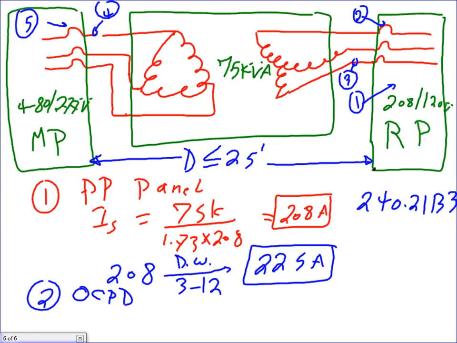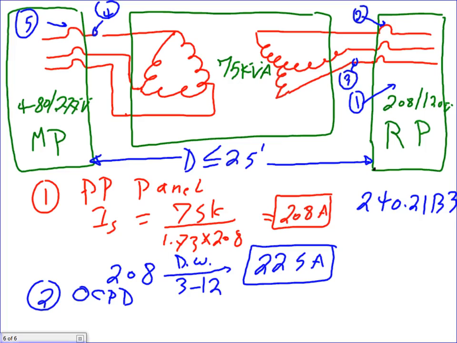Yes, sir. So what's the distance limit? 25. Based on the scenario I'm going to show you, it could be any. I could have 24 feet here and 1 foot here.